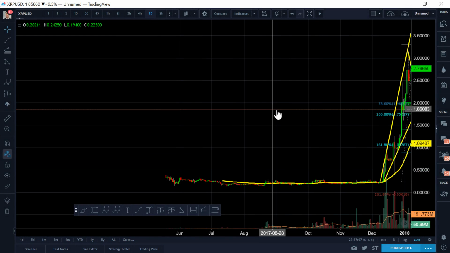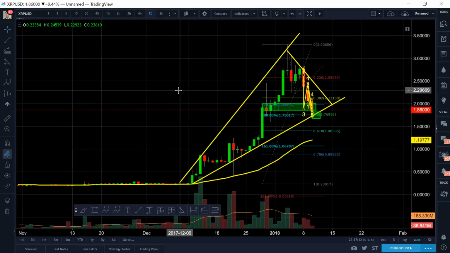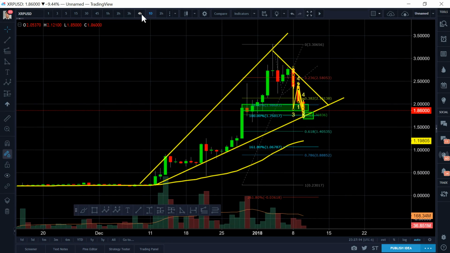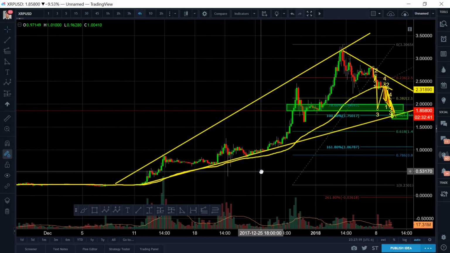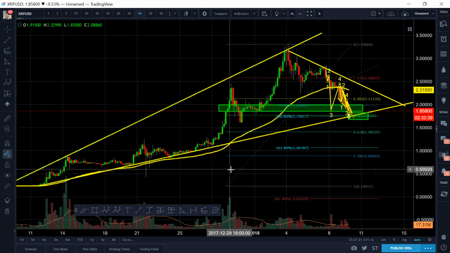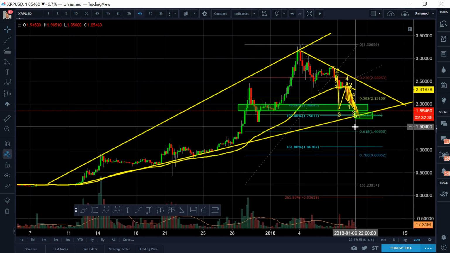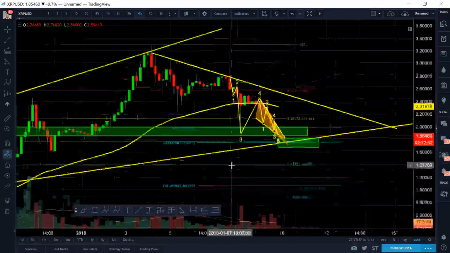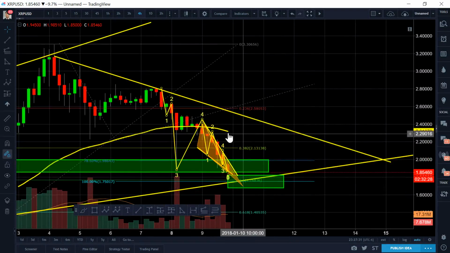So what's this one doing, guys? It's doing kind of the same thing, right? Yeah, it is. It might not even hit this level, right? It might not even hit this level. You never know. But just based on everything that we see, these regions are a buy zone.